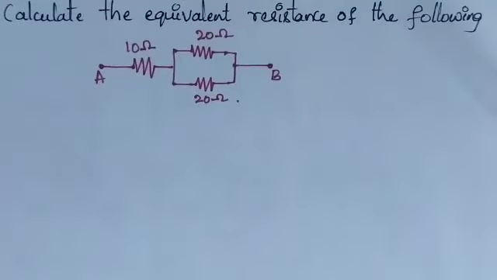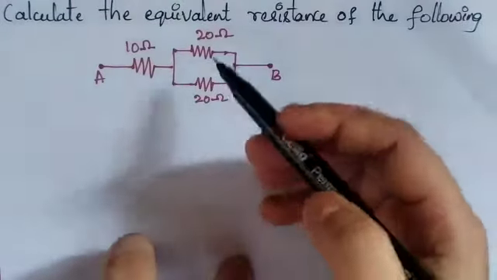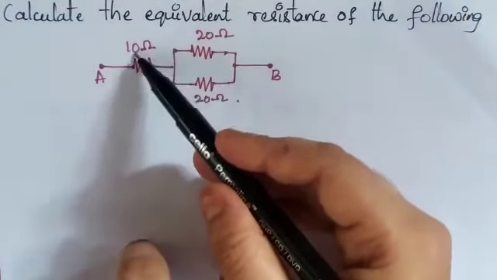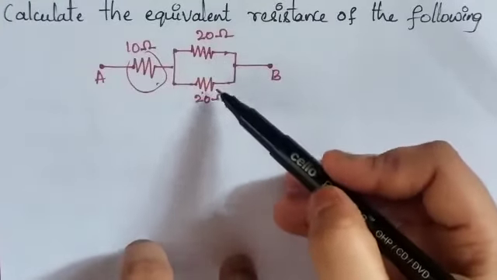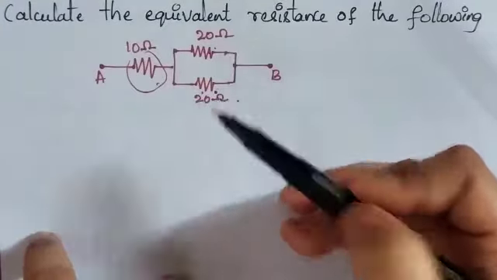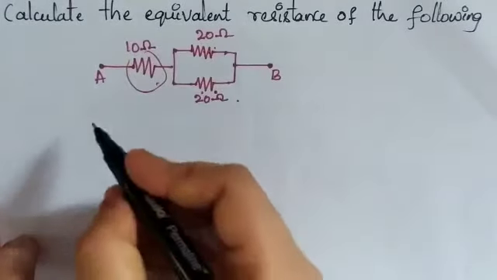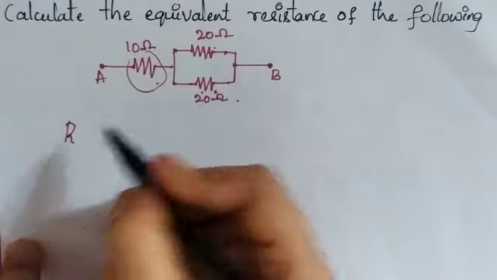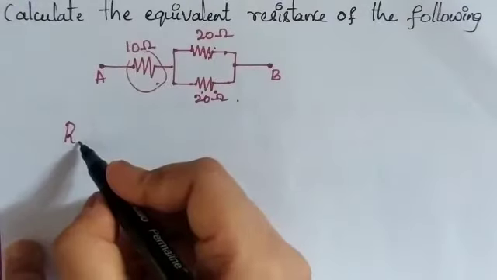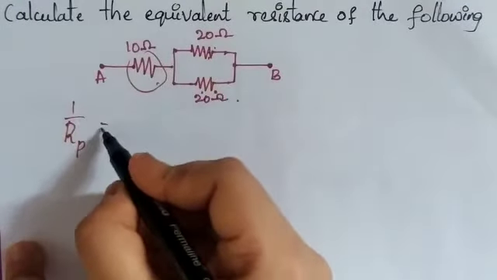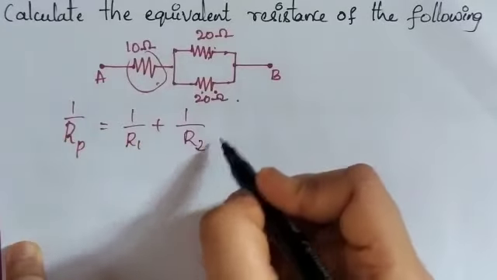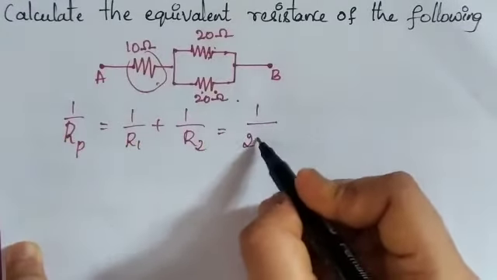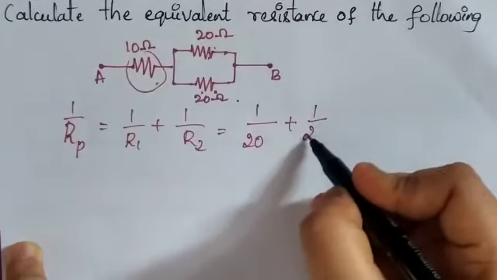Next, we have to find the equivalent resistance of the following circuit. It is very easy. You can see this 10 ohm resistor is connected in series with two parallel resistors, 20 ohm and 20 ohm. First, we find the equivalent for the resistors connected in parallel. 1 by Rp is equal to 1 by R1 plus 1 by R2, that is 1 by 20 plus 1 by 20.